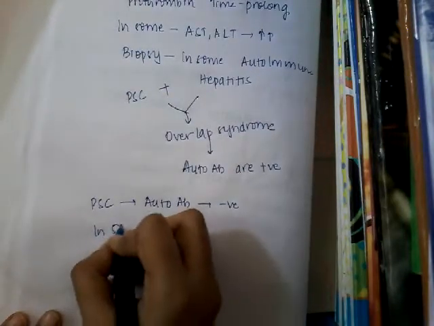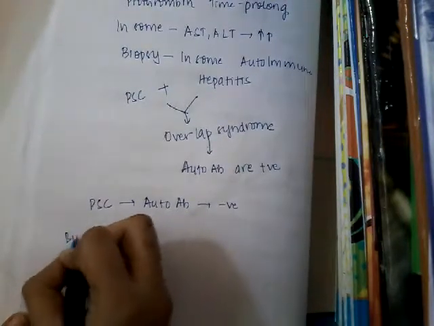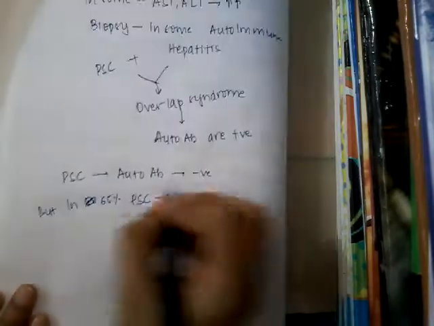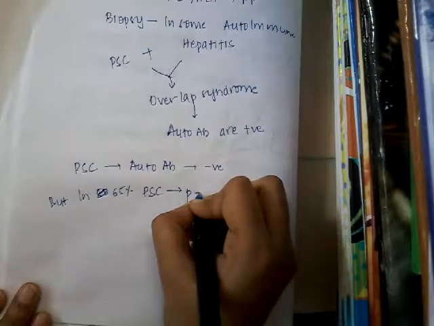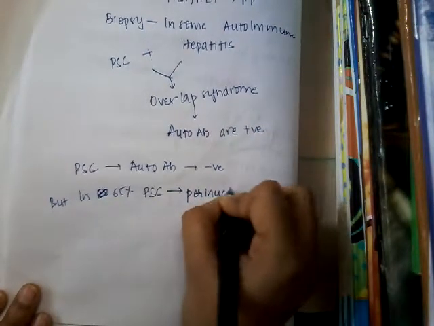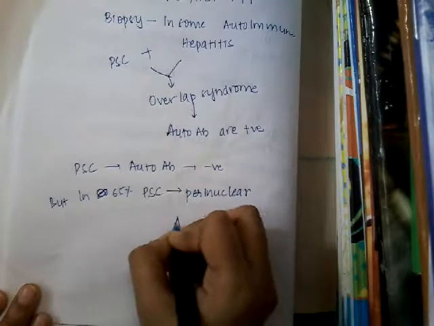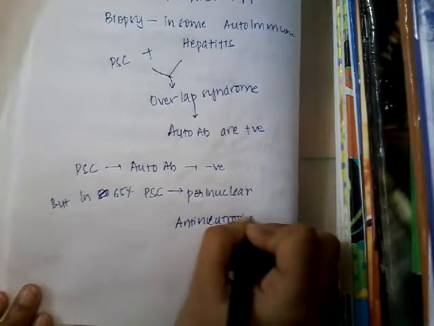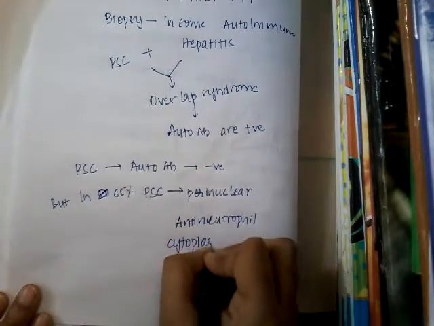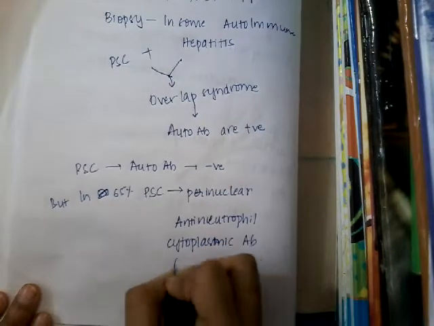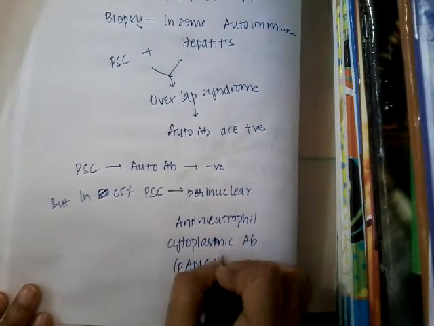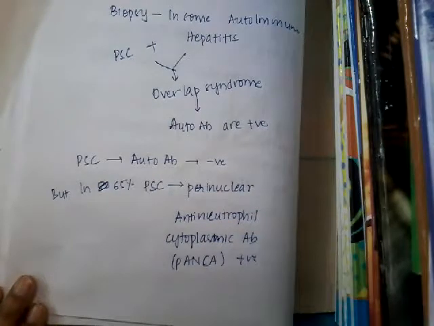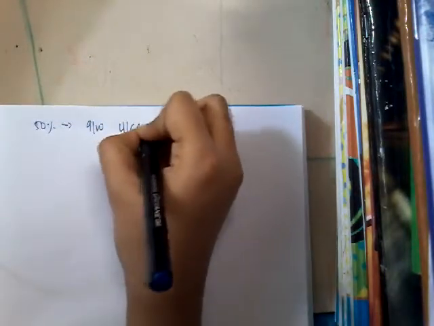But in around 65% of people with primary sclerosing cholangitis, perinuclear anti-neutrophilic cytoplasmic antibody, which is P-ANCA, is positive, and in around 50% of the patients it is associated with ulcerative colitis.